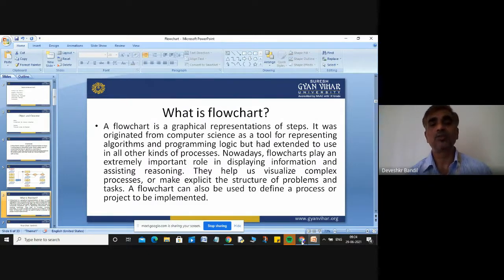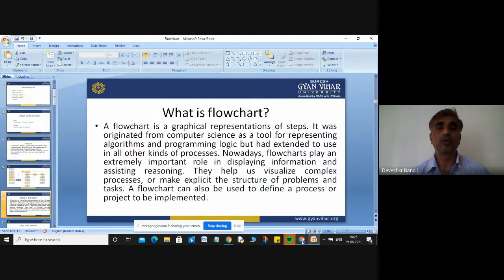A flowchart can also be used to define a process or project to be implemented. The key point about a flowchart is that it is only a graphical representation of the steps for which you want to write the algorithm. In your algorithm, you write all the instructions step by step.